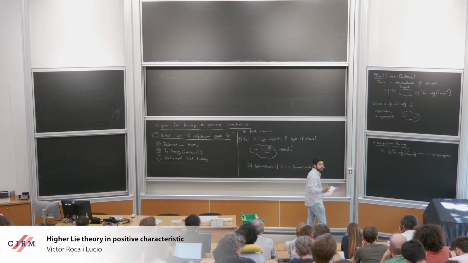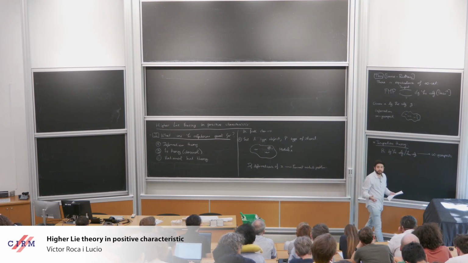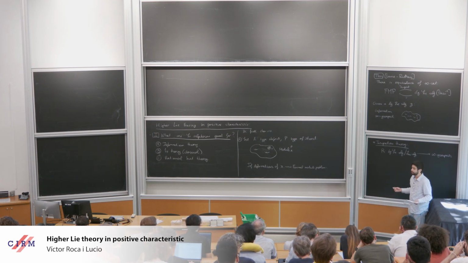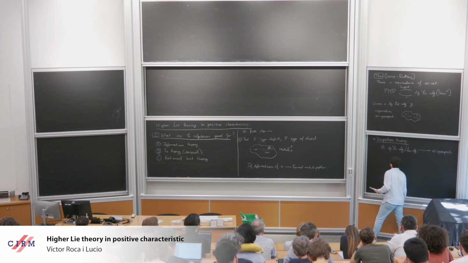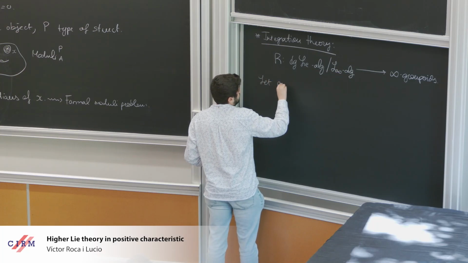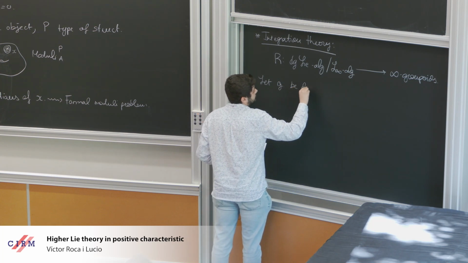It was already mentioned in the previous talk, and I'm sure many of you are aware, that in a Lie algebra you have the Maurer-Cartan equation. Let g be a DGLA.